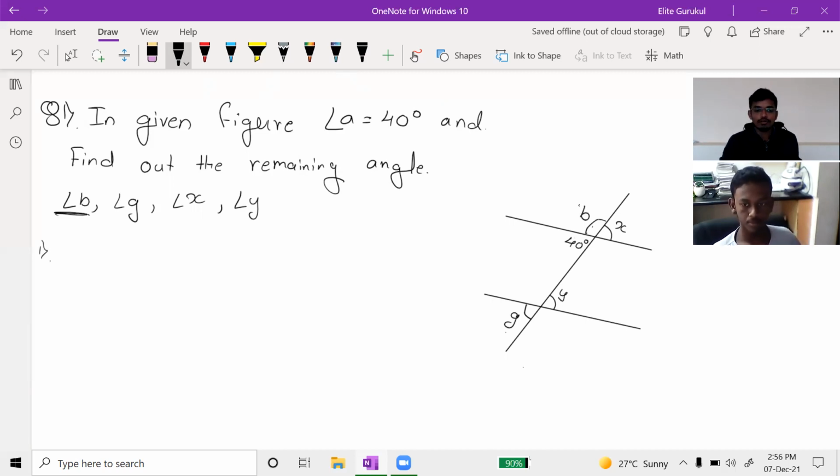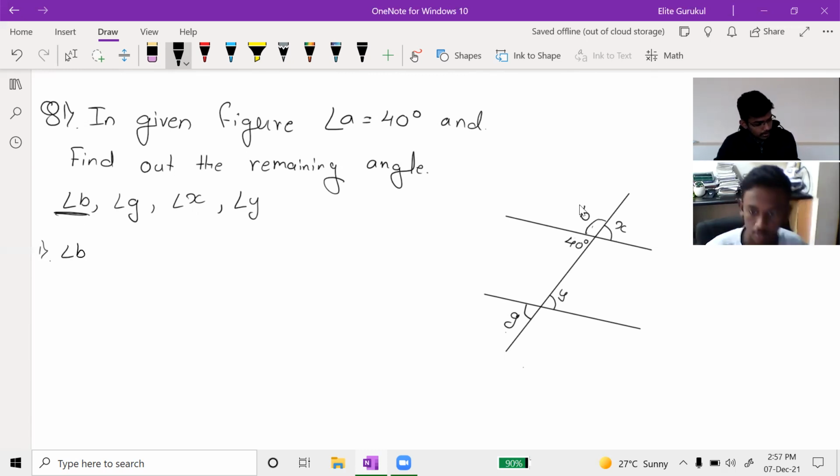Come on, use your brain and tell me which property we can use. 180 minus 40, that's right. But what is the name of the property? Linear pair angles. You should write it.